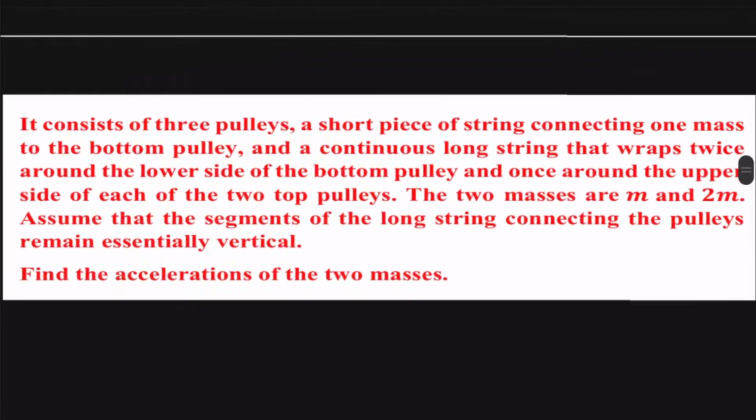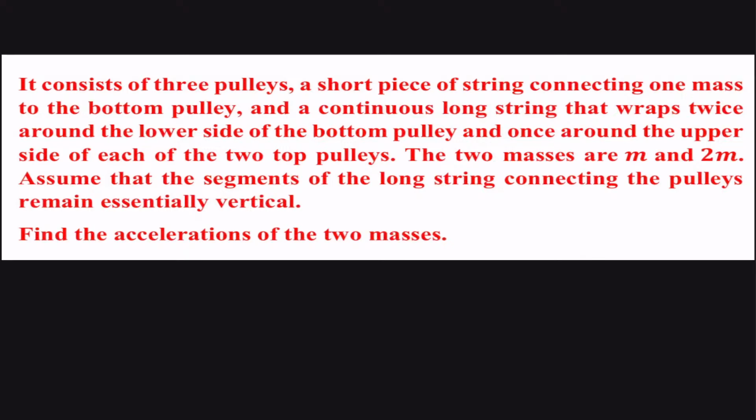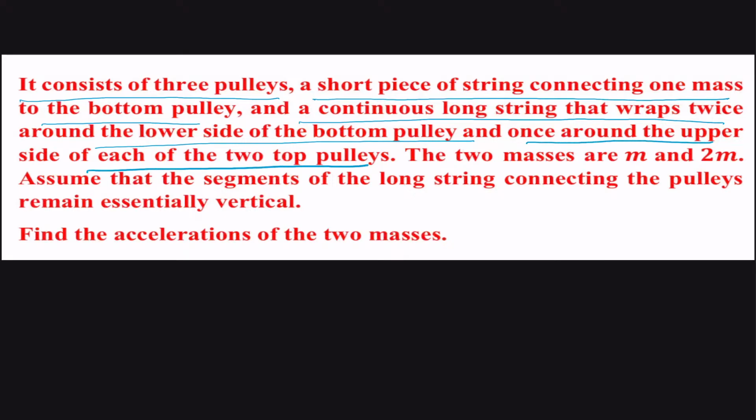So we come to the next question, and in this next question it is said that it consists of 3 pulleys, a short piece of string connecting one mass to the bottom pulley, and a continuous long string that wraps twice around the lower side of the bottom pulley and once around the upper side of each of the 2 pulleys.